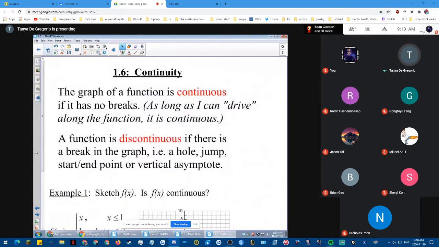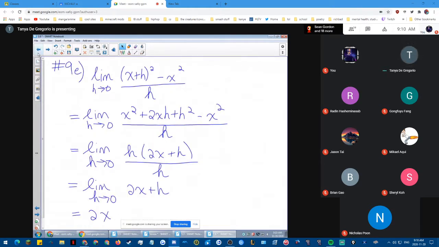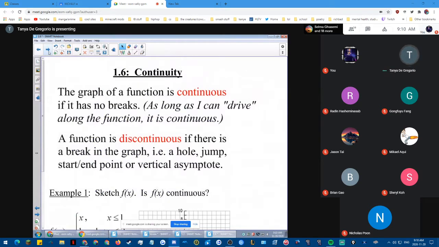Okay, so you'll notice that here we have the homework corrections for 1.6.